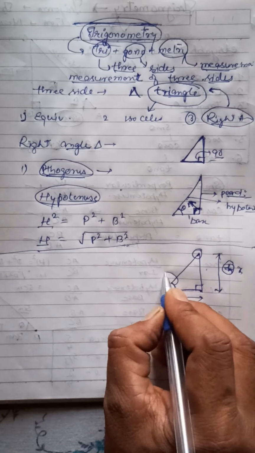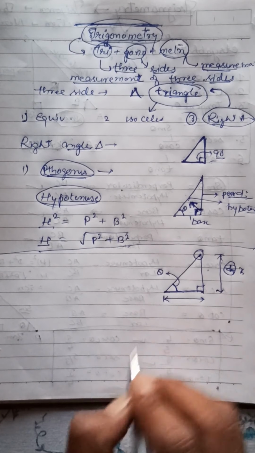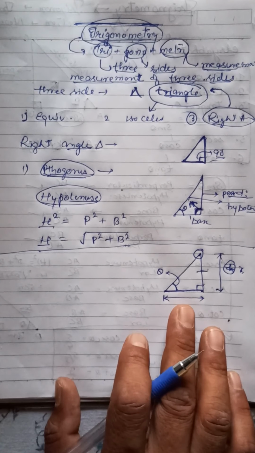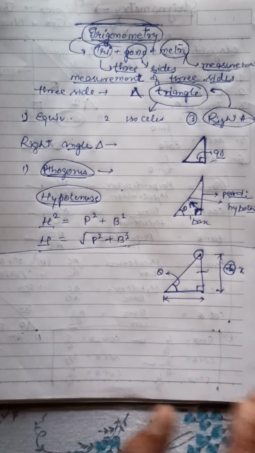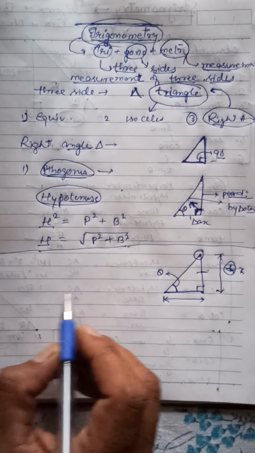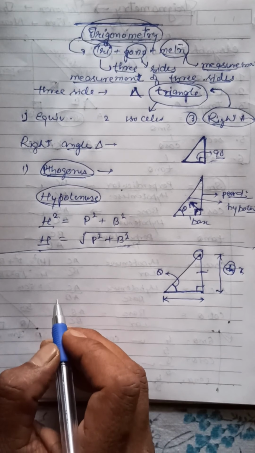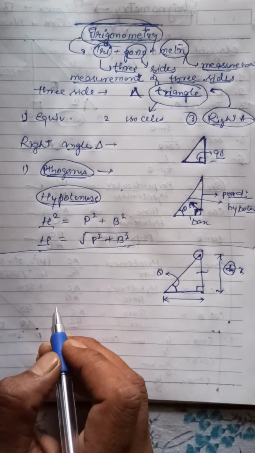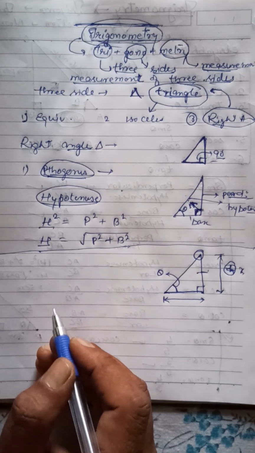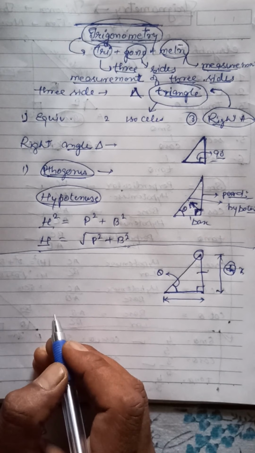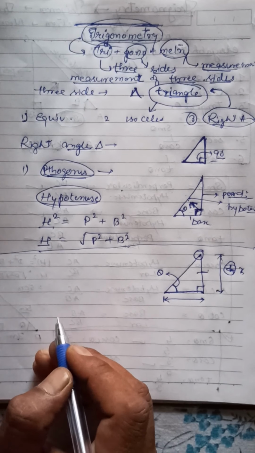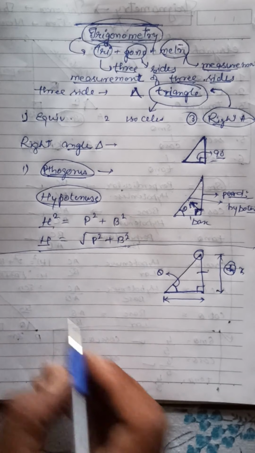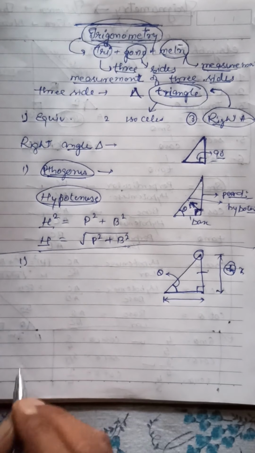If this angle is theta, we can find this side. This we are going to study in trigonometry. It means the study of the angles and the sides: we can find a side if we have an angle and a side, and if we have the sides, we can find the angle.